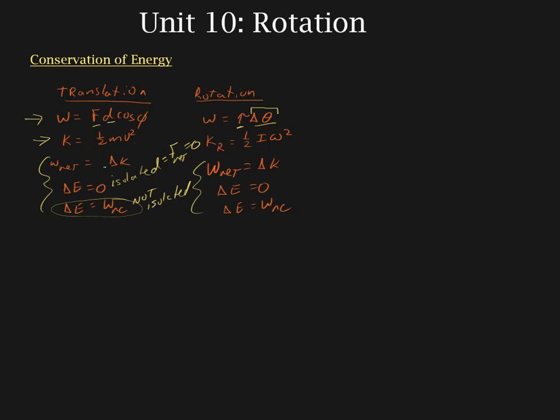But this is why, when you look at W net equals delta K and these laws and the theorems, I always write them in the simplest form possible, and I teach it to you in the simplest form possible so that you can clearly see as you go from one phenomenon to another that the laws and the theorems do not change. What changes are the definitions, and we see that between work and kinetic energy as we go from one to the other. It's of the same form, it's just now we have to put it in terms of the variables of the phenomena.